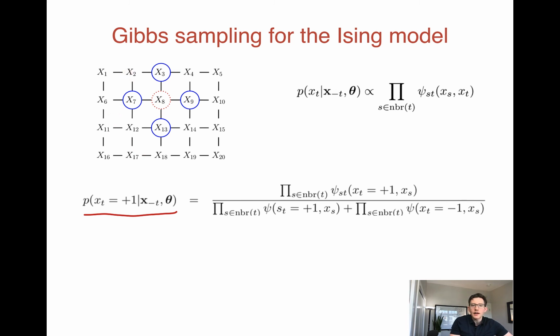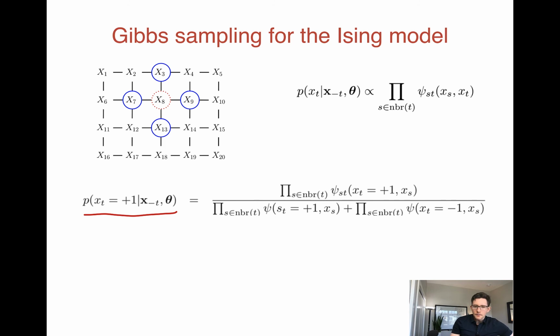In a Markov random field, remember, it's even easier than a Bayesian network. It's just the variables that variable is directly connected to. So here we're trying to sample, in this case, x8, and we need to look at the values of x3, 7, 1, 3, and 13 and 9.